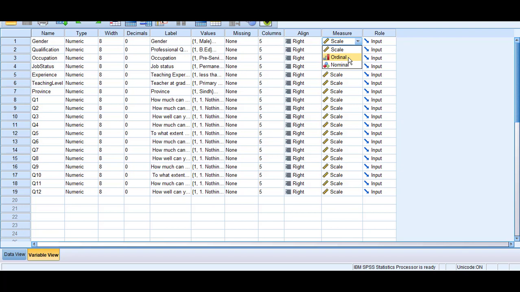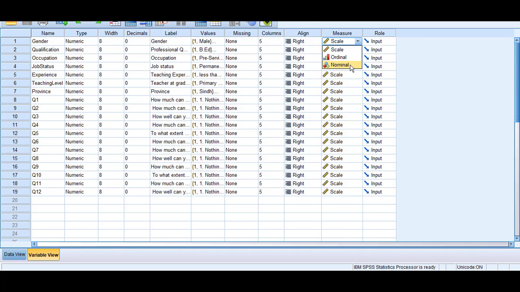Ordinal scales are scales which are in order and have some kind of categories. For example, Likert scales are usually considered ordinal scales. Or if you are asking someone's opinion on a 5-point or 7-point scale from strongly disagree to strongly agree, or never to always, these are ordinal scales. And nominal is when there is a category, but order does not matter.